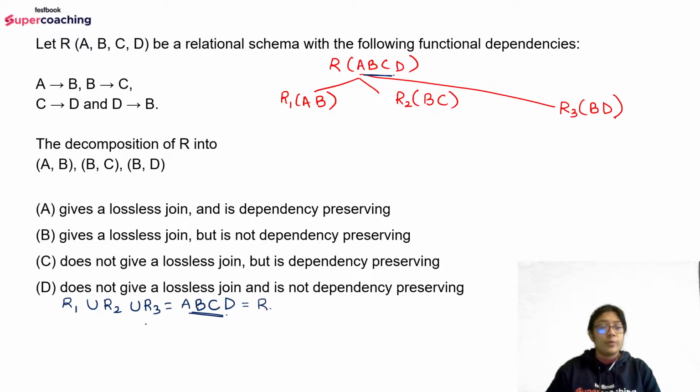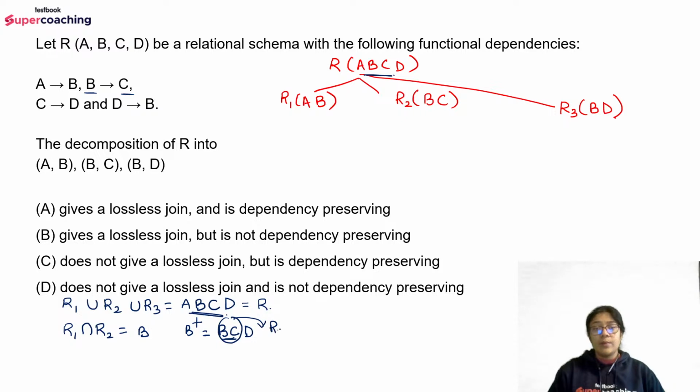After that, we need to take any two relations. We need to try to join them. So let's find out R1 intersection R2. Is there any common attribute? Yes, B is the common attribute. So we'll find out B closure, as we did earlier. What will come in B closure? B is determining B. B is determining C. C determines D. Anyhow, B closure is determining all the attributes of the relation R2.